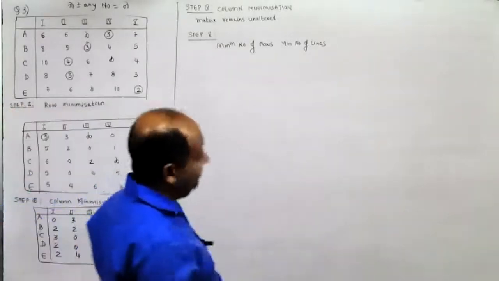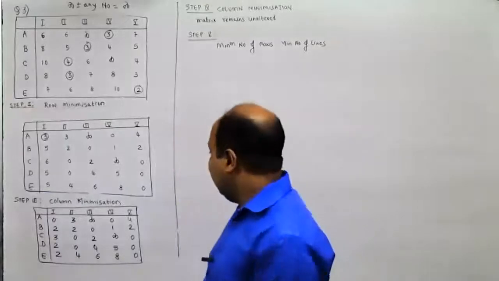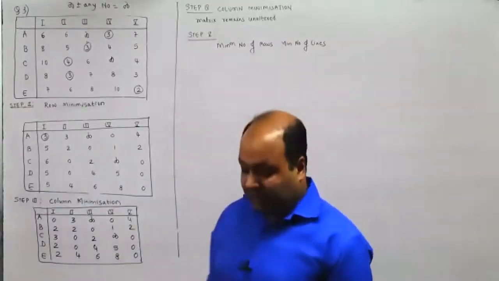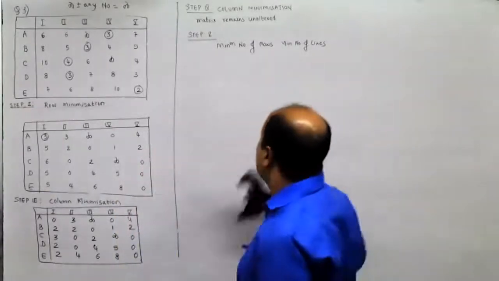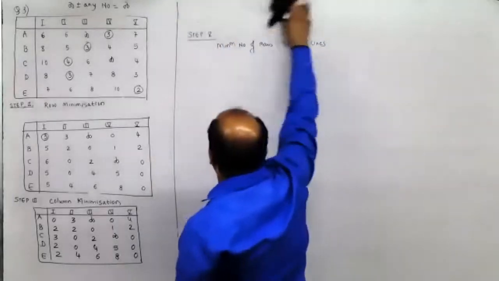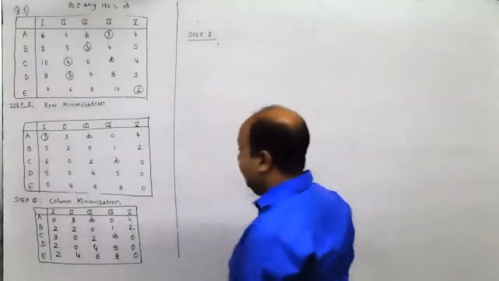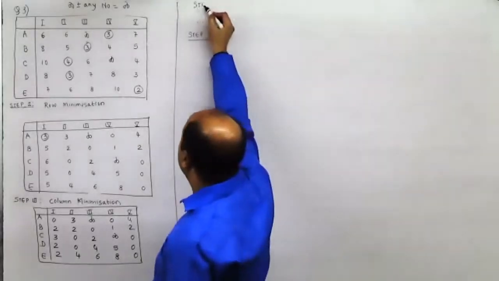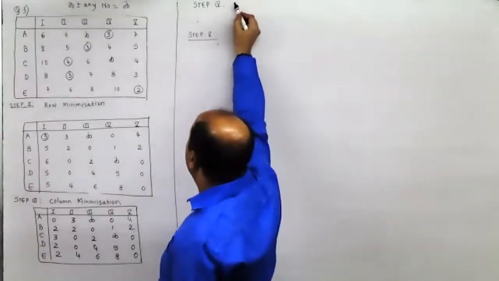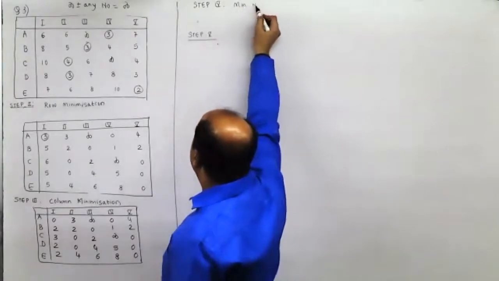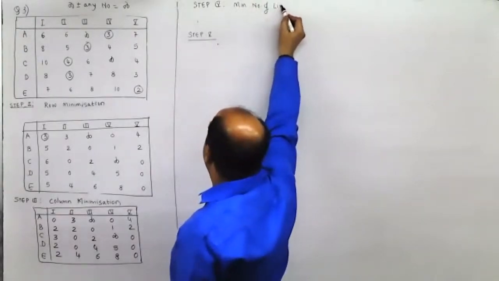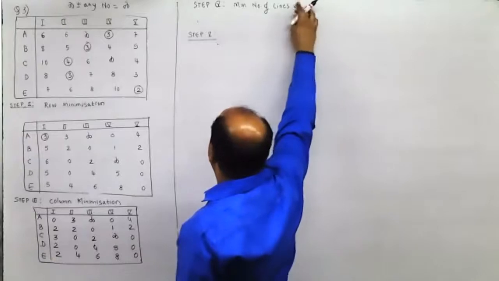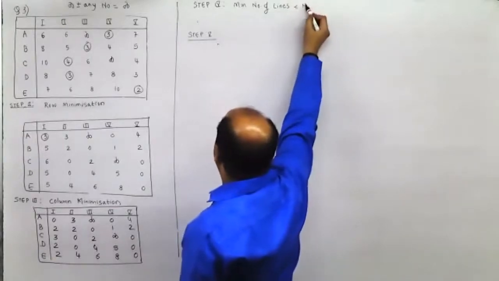Next, after column minimization, we have to see how many lines are required to cover all zeros. You can do it in 4. So step 4, minimum number of lines is less than number of rows.